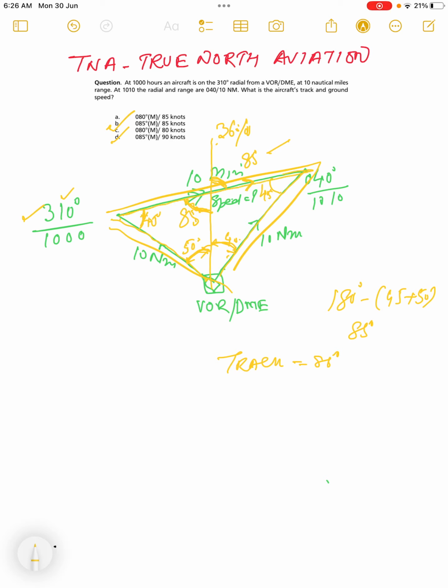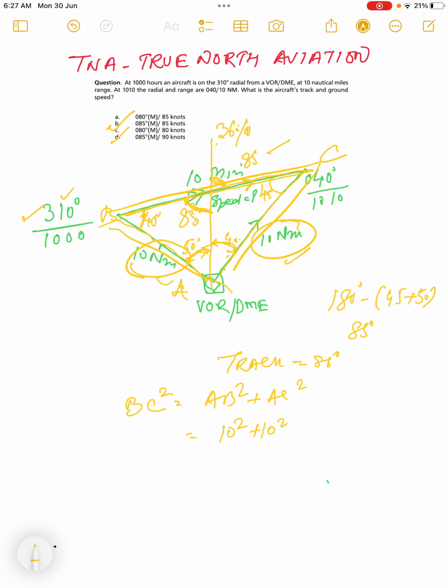How much is this distance? Because it's a right triangle, by using Pythagoras, this you know 10 nautical mile, this you know 10 nautical mile. So this distance will be equal to, this is A, B, C. So BC square is equal to AB square plus AC square, which is equal to 10 square plus 10 square.